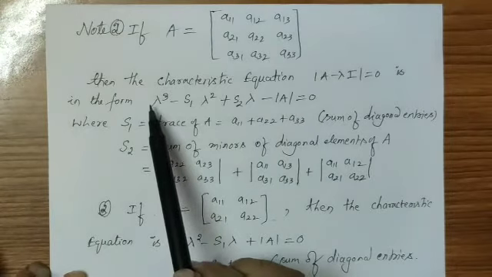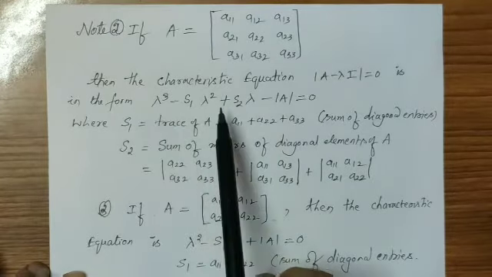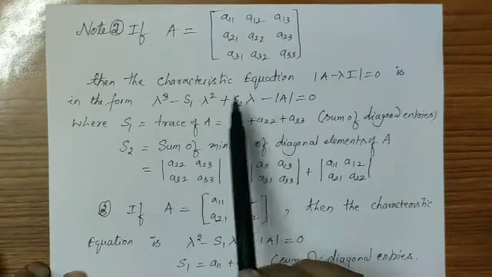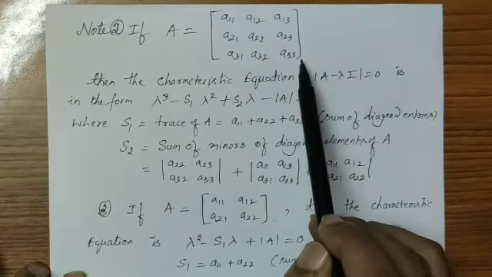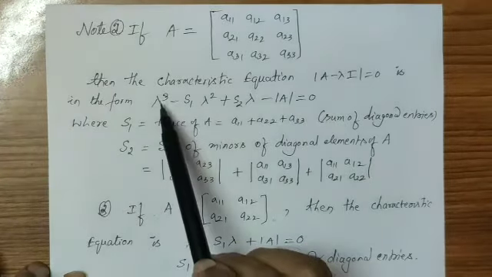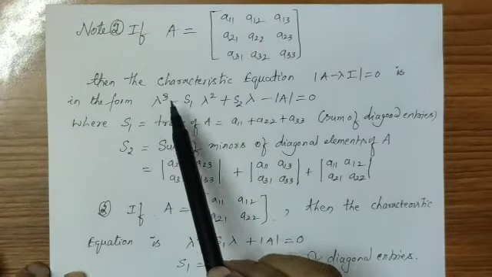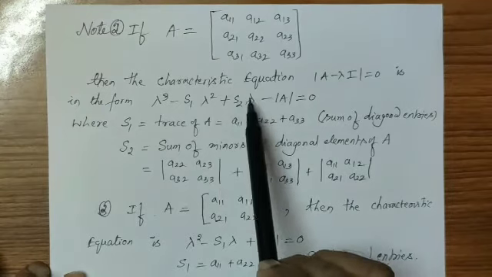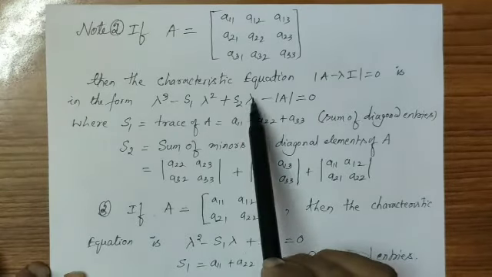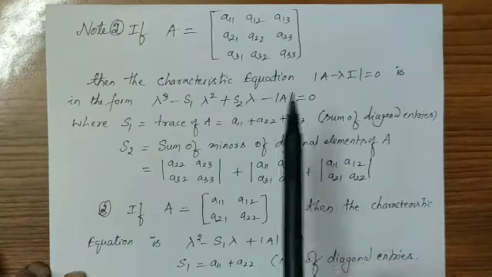That means the sign alternates, plus minus. The highest power depends on the size of the matrix; since the matrix is 3 by 3, it starts with lambda cube, then lambda square, one less power, and so on.